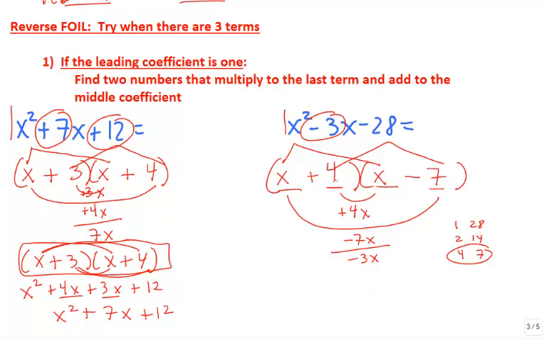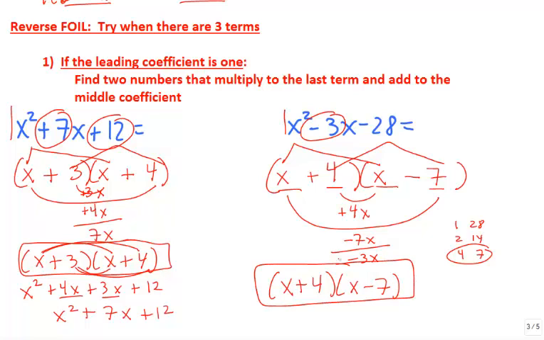And also double check the sign of your constant term. A positive 4 times a minus 7 does give me a -28. So my two factors that work are x plus 4 times x minus 7.